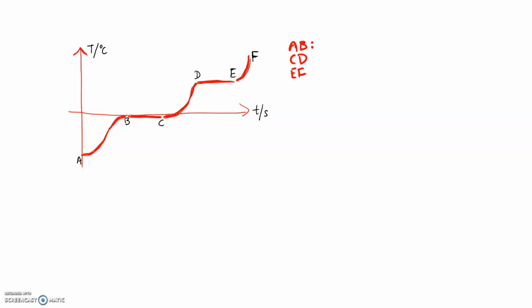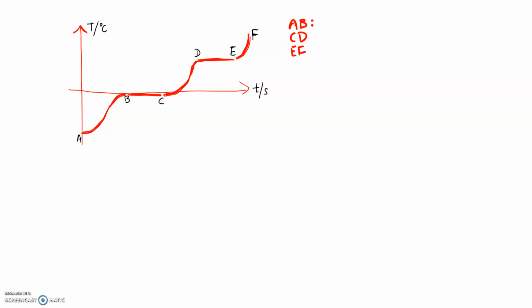All right, so let's first talk about AB, CD, and EF. These are the ones where you notice there is a change in temperature. Okay, so there's an upward curve, right? So what you will see is actually there is a temperature increase, right?